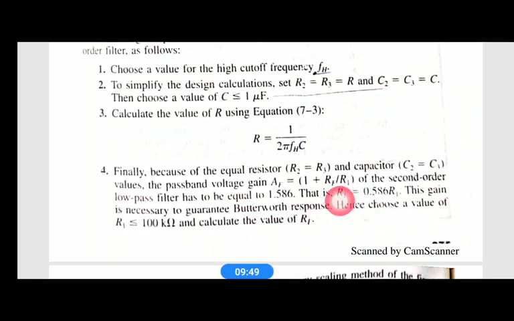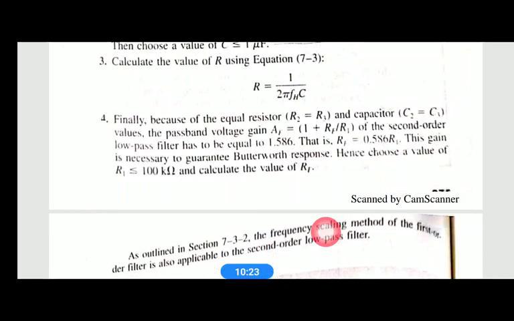So to make the gain 1.586, we need to select RF equal to 0.586 R1. You can see RF is equal to 0.586 R1, if you want to make the gain 1.586 according to this formula. If you make RF by R1 as 0.586, then 1 plus 0.586 gives you AF as 1.586.